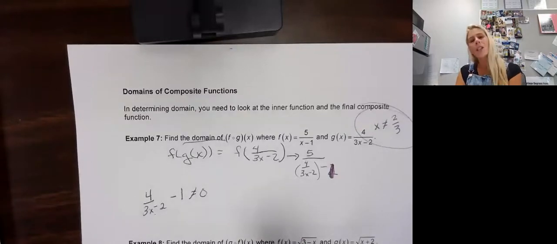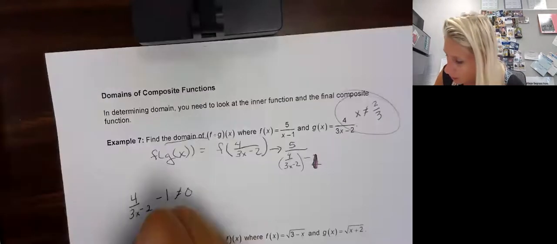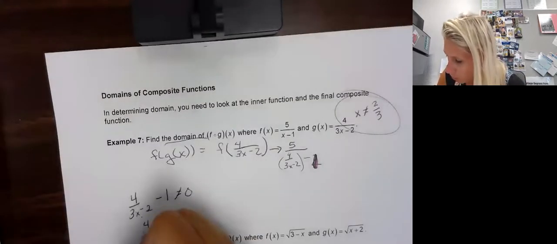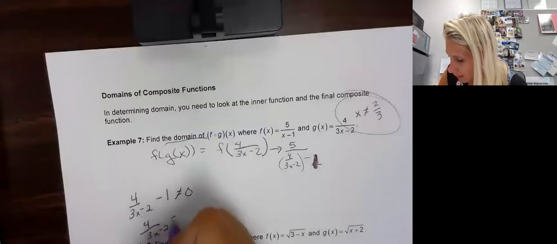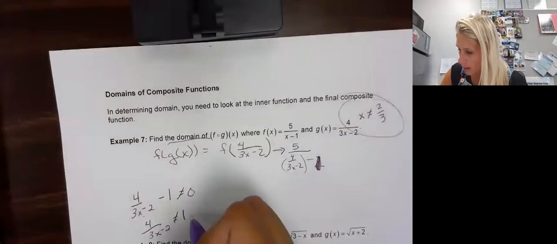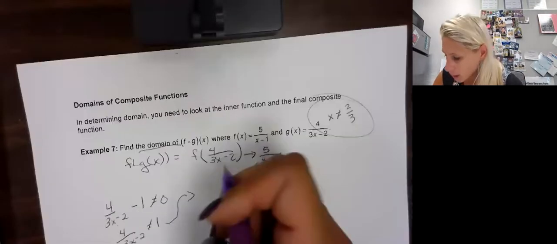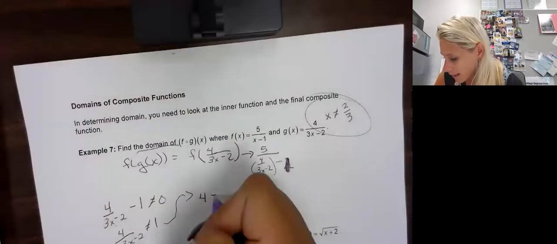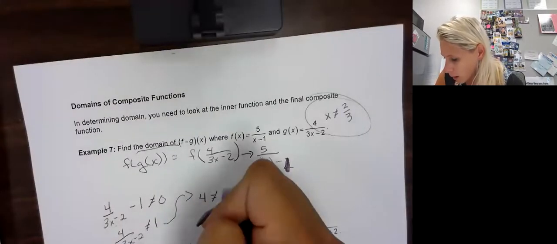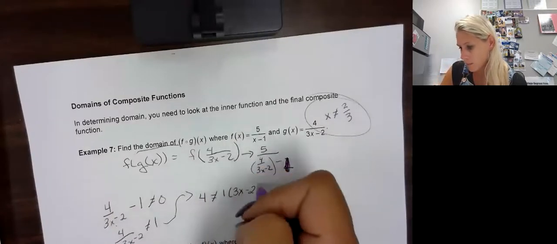Now, instead of doing common denominators, we can just solve. So here I could say 4 over 3x minus 2 cannot equal 1. So I added 1 to both sides. Then, how do you get rid of a fraction? You multiply both sides by the denominator. So we end up getting 4 cannot equal 1 times 3x minus 2.